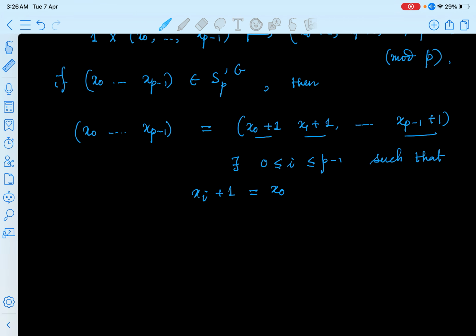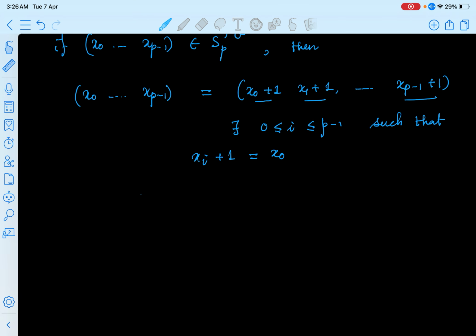As we noticed before, the cycle has this property, so this is exactly equal to that.